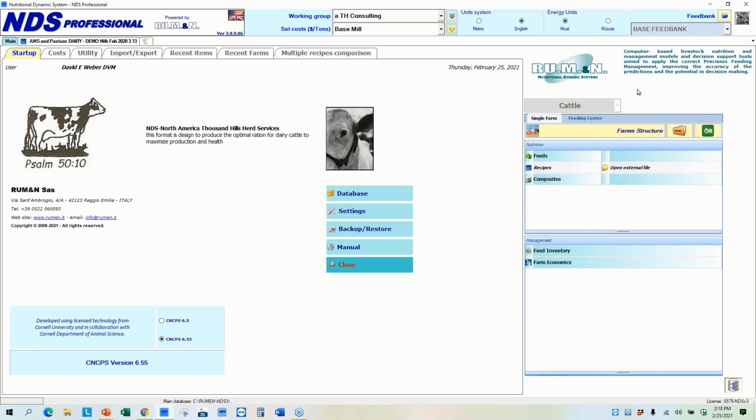Maybe something related to the implant, but in the CNCPS, they do not consider the type of beef much. So I do not expect a different efficiency between the entire or castrated animals.